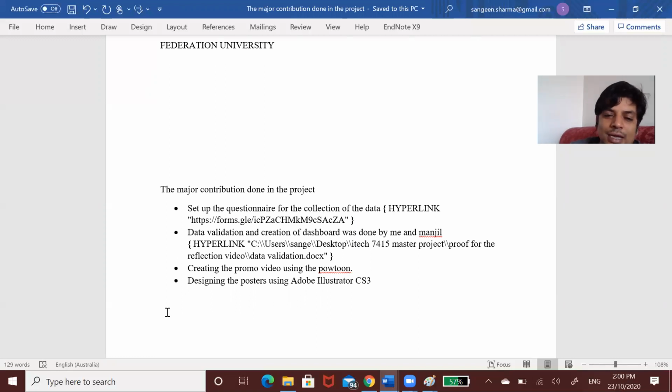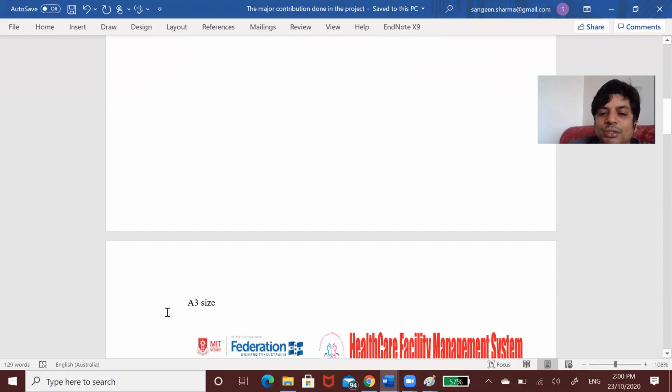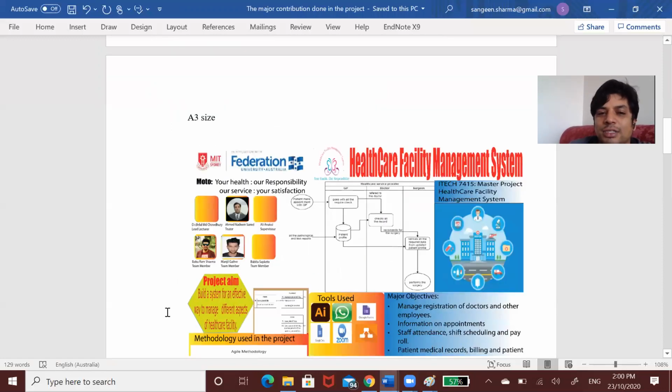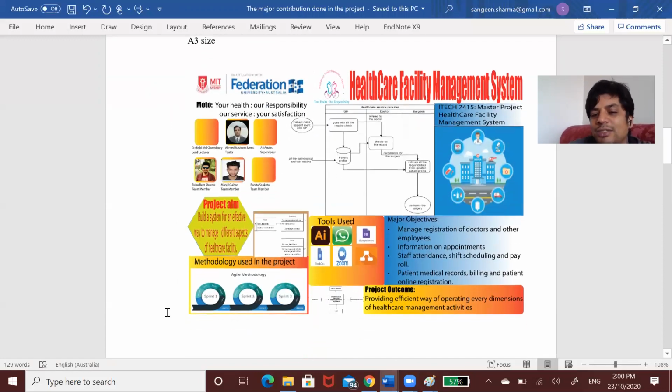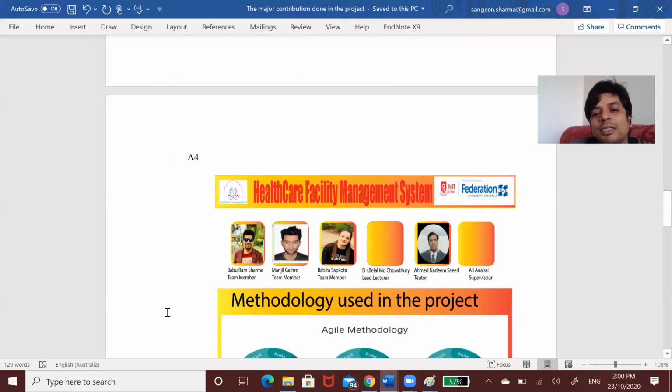For that, I really needed to do much research. I went through various YouTube videos, and I googled it, and then I was able to design the posters using Adobe Illustrator CS3. This is the A3 size poster that I designed, and this one is the A4 size poster that I designed.